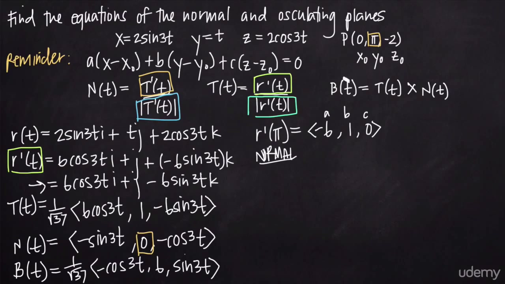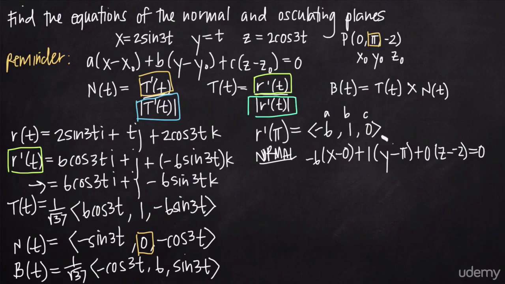So the equation of our normal plane is going to be negative 6 times x minus 0 right here, plus here for b we get 1, so we have 1 times y minus pi, which we take from our point, plus 0 here for c times z minus a negative 2, so negative 2, and we set that equal to 0.